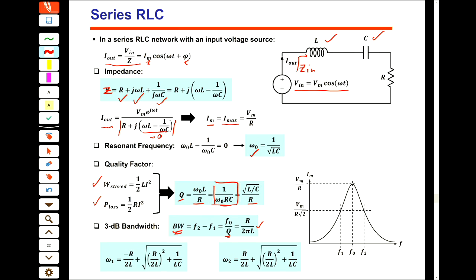If we look at the I over F plot, we see that the maximum current that we can get is Vm over R, which I already found here, and then the 3 dB point, which is half power, or 1 over square root of 2 of the current, we say that this is our bandwidth. And omega 1 and omega 2 are calculated from these two formulas.